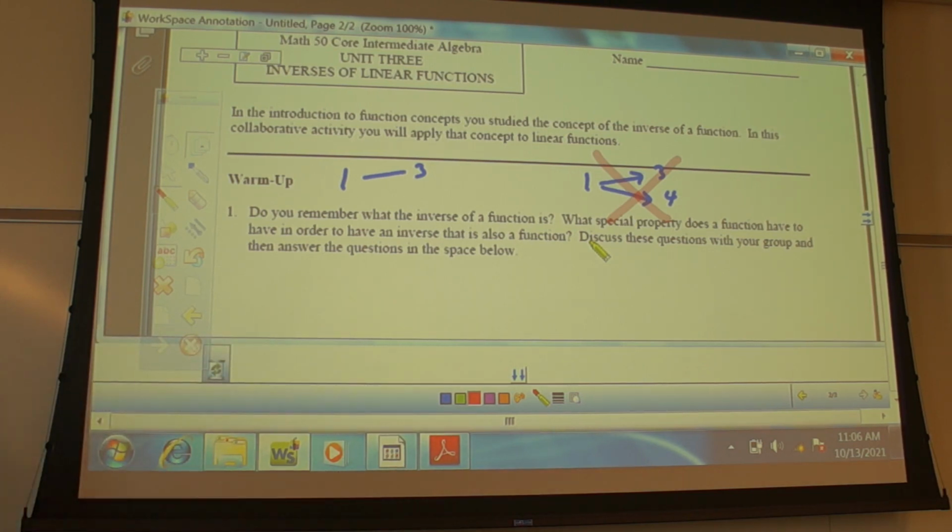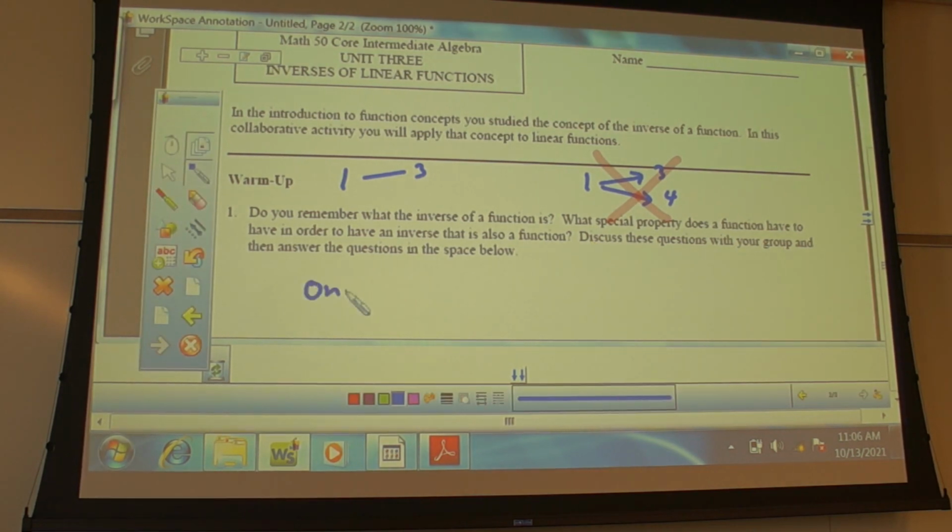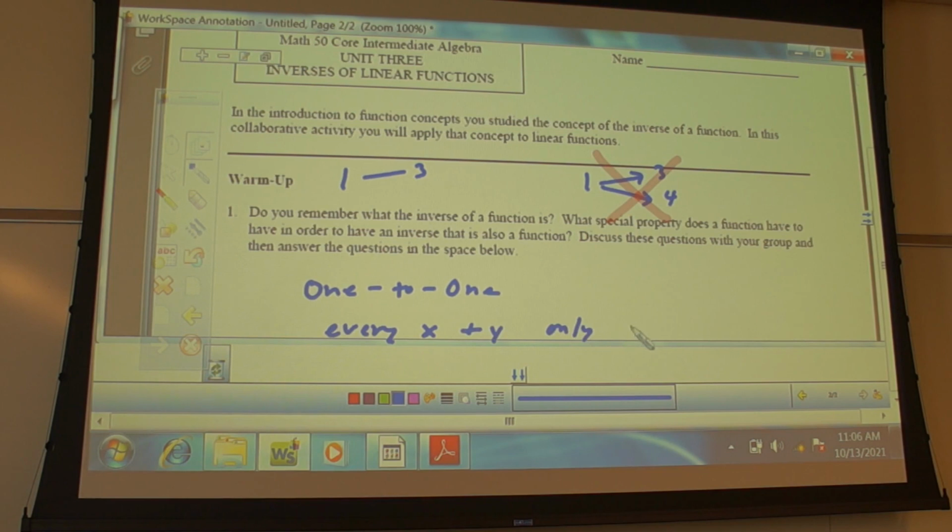So we call that 1 to 1. Right. So every x and y only have one kind of partner, I guess you can say.